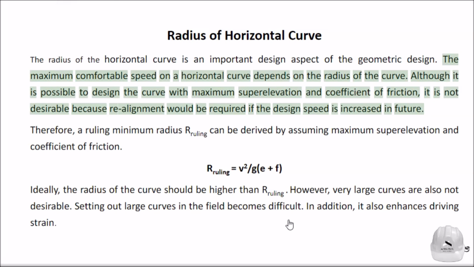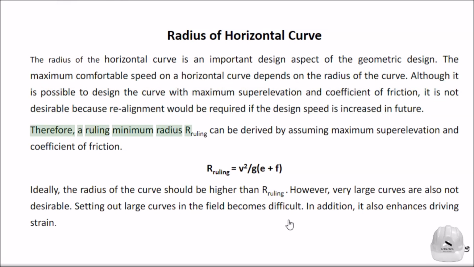Although it is possible to design the curve with maximum superelevation and coefficient of friction, it is not desirable because realignment would be required if the design speed is increased in future. Therefore, a ruling minimum radius R ruling can be derived by assuming maximum superelevation and coefficient of friction.